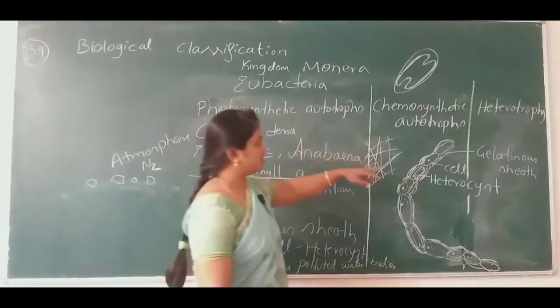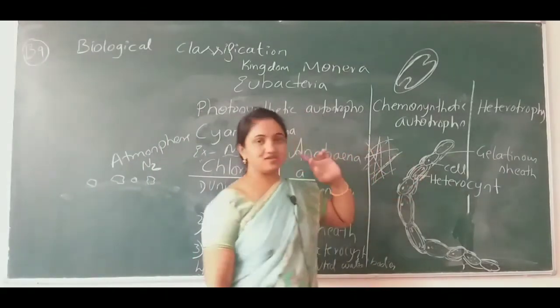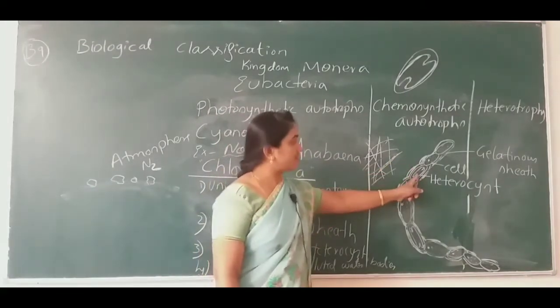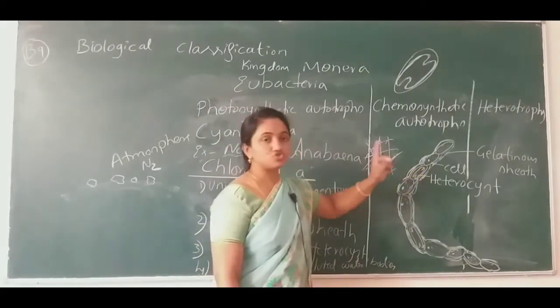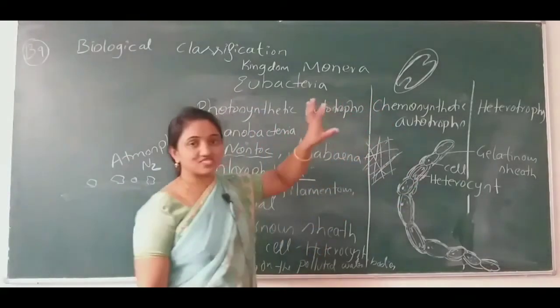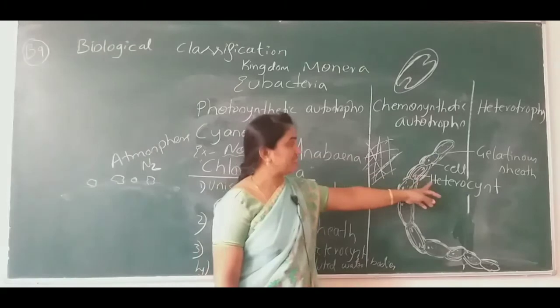The heterocyst fixes the atmospheric nitrogen. Some of the cells have a horseshoe-shaped structure, and those special cells are known as heterocysts.